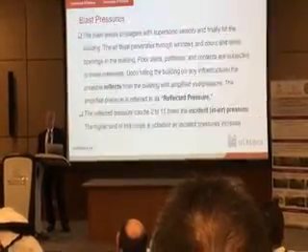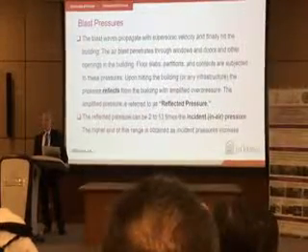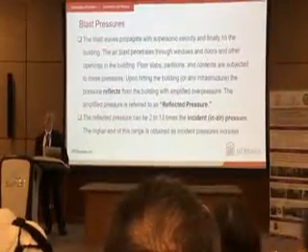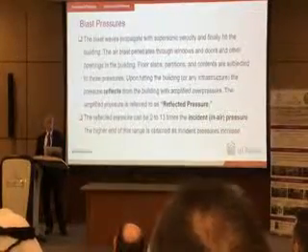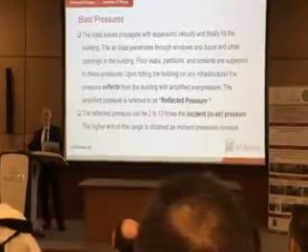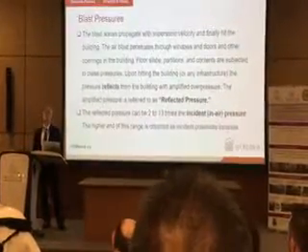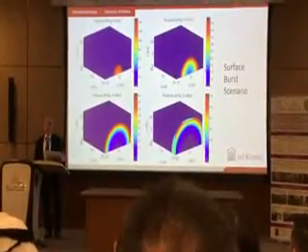So we will make reference to this terminology. And once again, when incident pressure hits the target and it amplifies, it reflects, it's called reflected pressure. And depending on the intensity of the incident pressure, it can be 2 to 13 times the value of incident pressure. So reflected pressure becomes tremendous.